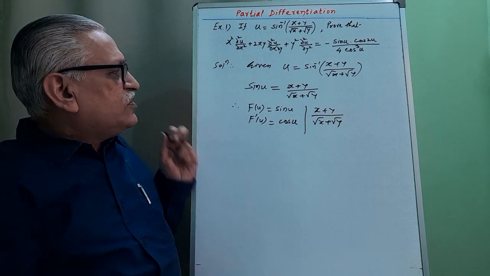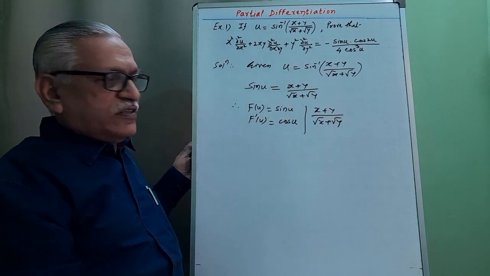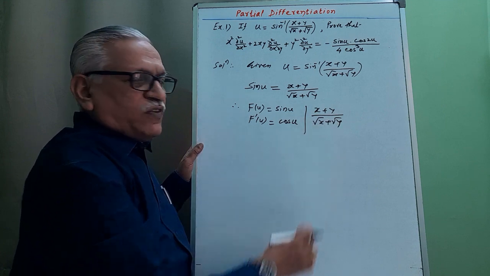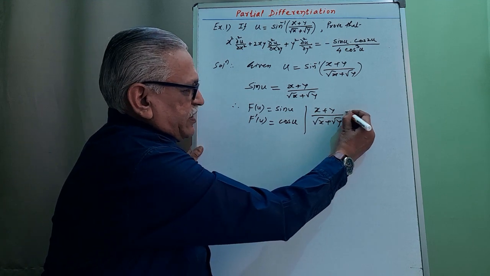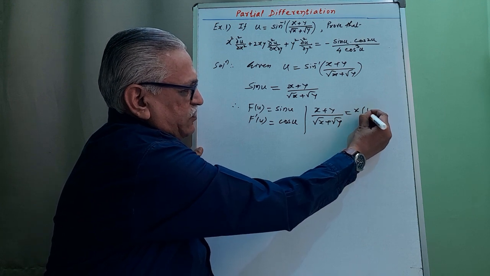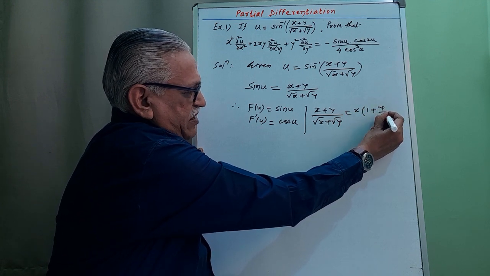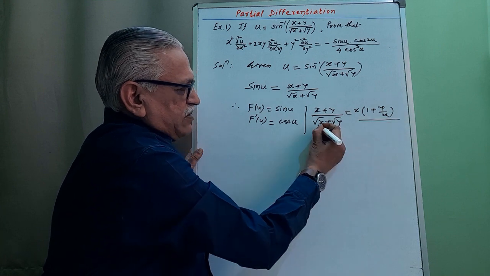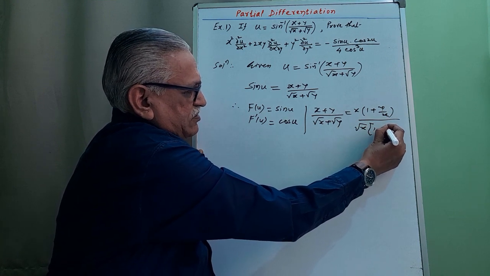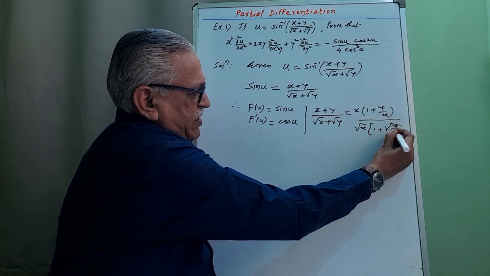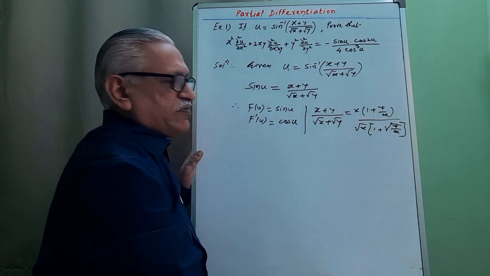It is a homogeneous expression. We require to obtain its degree. For that, we take x common from the numerator. We get 1 plus y by x whole, divided by, from the denominator we take root x common, 1 plus root of y by x.